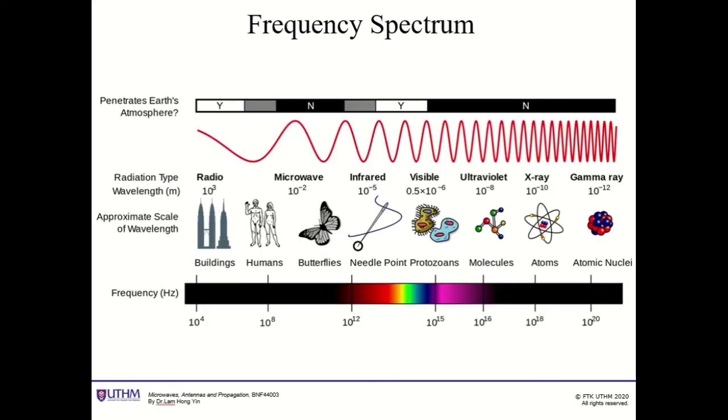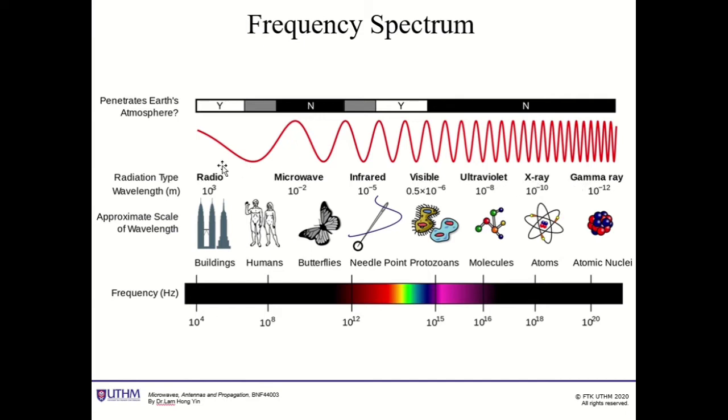Let's look at the frequency spectrum. The frequency spectrum basically starts from 10 power 4 until 10 power of 20, where at 10 power 4 we are using radio RF, and then it goes to microwave, millimeter wave, and then infrared and visible light, and after that ultraviolet, X-ray and gamma ray.